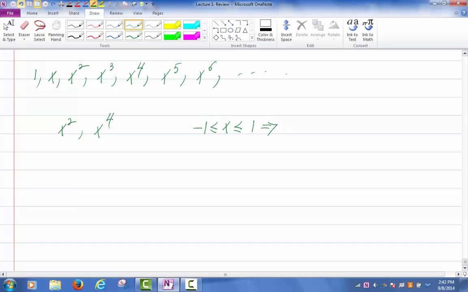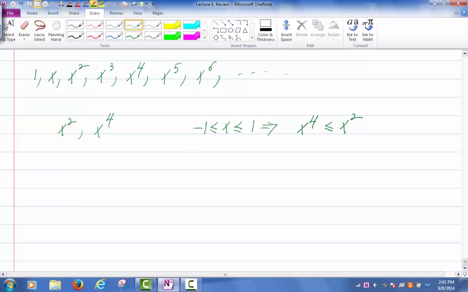Think about the number 0.5. Which one is bigger, 0.5 squared or 0.5 to the 4? 0.5 squared is the bigger one, right? So when x is here, x to the 4 is smaller than x squared. 0.5 squared is 0.25, and if you take the fourth power, you get 0.0625. So when x is between -1 and 1, x to the 4 is smaller than x squared.